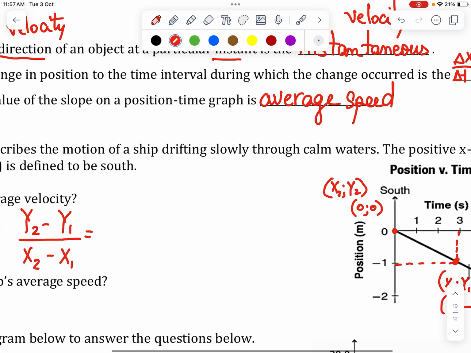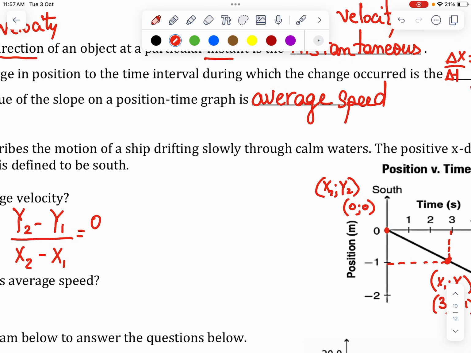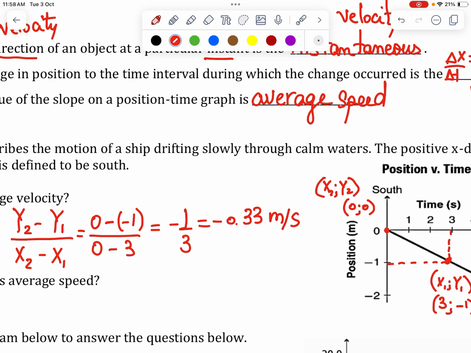So y2 is 0 minus y1, which was negative 1, so minus negative 1, over x2, 0 minus x1, which is 3. So I'll have negative 1 over 3, or negative 0.33 meters per second.